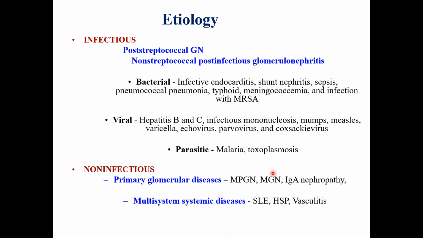Parasitic infections like malaria and toxoplasmosis have rarely been implicated in acute glomerulonephritis. Amongst the non-infectious causes, you have primary glomerular diseases like MPGN, MGN, IgA nephropathy, or multisystem diseases like SLE, HSP, vasculitis. All these causes usually present like an acute nephritic syndrome where there is always hematuria.